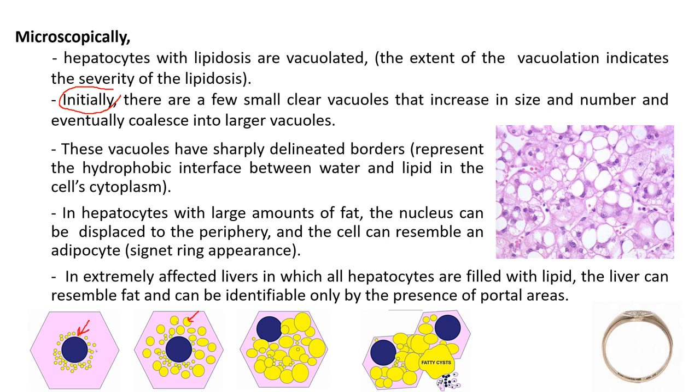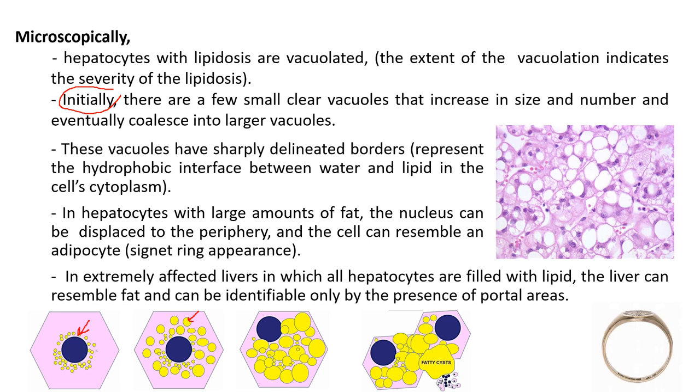The small vacuoles coalesce, make large vacuoles, and increase in number as well. Then these large vacuoles can even coalesce into only one large vacuole that occupies the whole cytoplasm and pushes the nucleus towards the periphery, making a signet ring appearance.